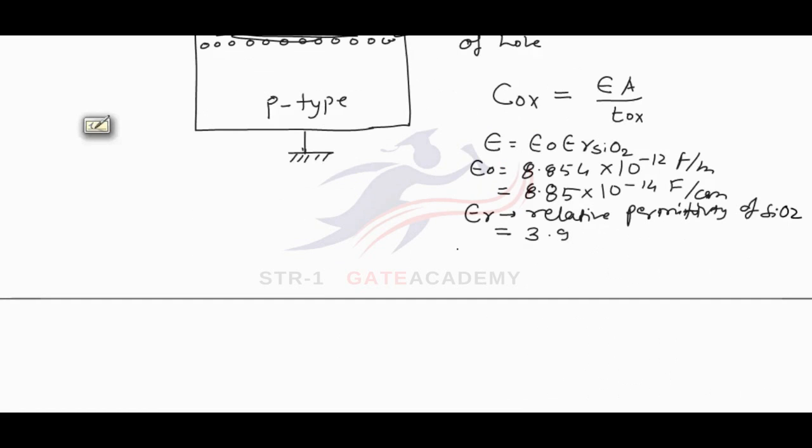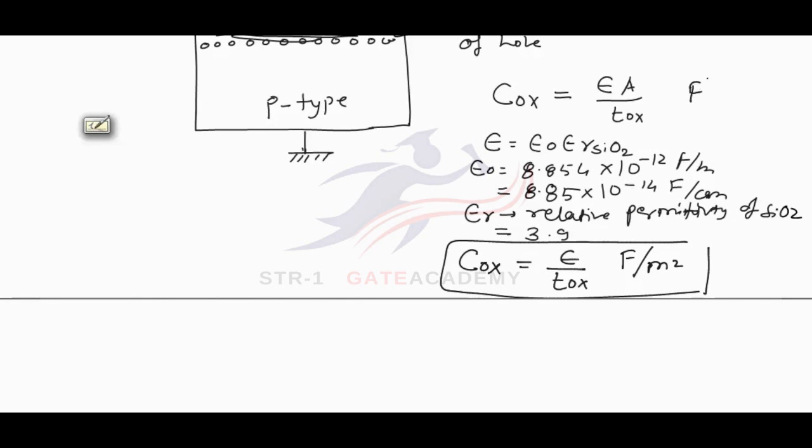Now the capacitance can also be written as C oxide equal to epsilon upon t oxide. Here we have not considered the area, so the oxide capacitance can be written in farad per meter square in this case, and here the unit of capacitance will be farad.